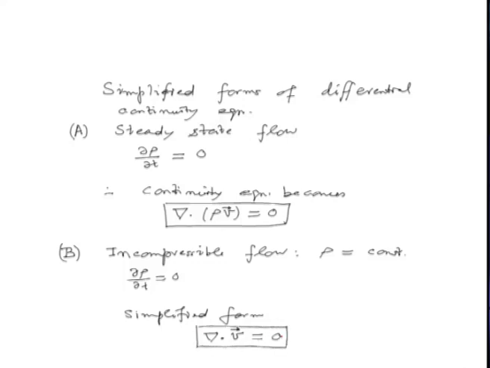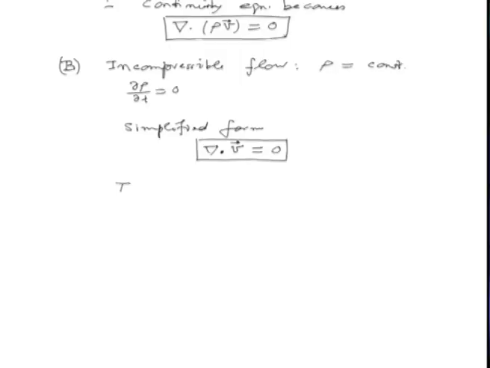Now in this case the important point to note is the divergence of V, what does it represent? This essentially represents the volumetric strain rate, and it is consistent with our assumption of incompressible flow, and an incompressible fluid cannot be compressed. So volumetric strain rate has to be 0 in that case. But it also tells us one more thing, that in the case of incompressible flow our continuity equation is merely a kinematic constraint.